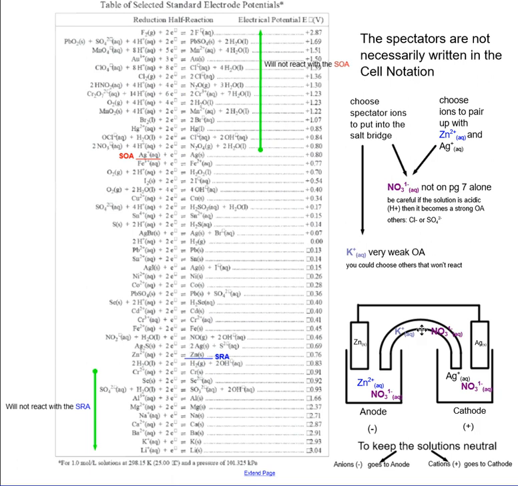The negative ion starts to move to the anode. Now we said that the cathode became more negative, so we need the positive potassium moving through the salt bridge towards the cathode to keep the solutions neutral. Again, you can choose other combinations as long as it doesn't react with our OA and our RA. Hope that helps.